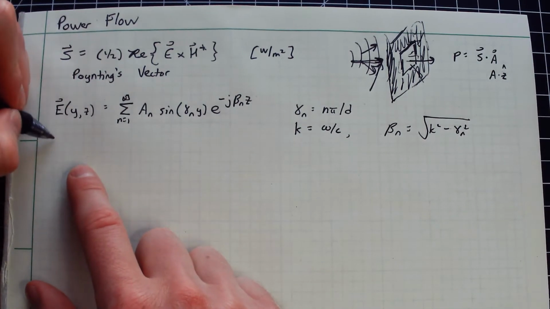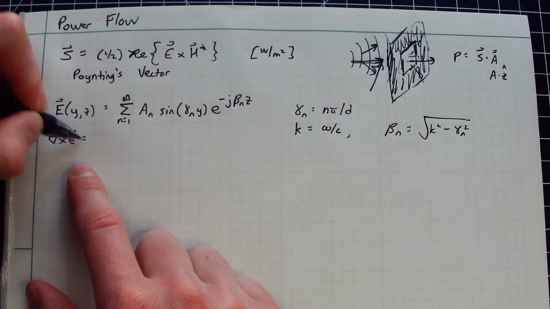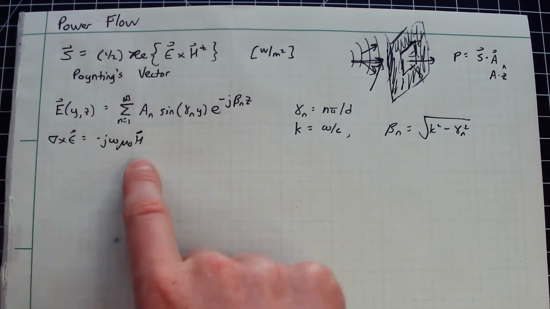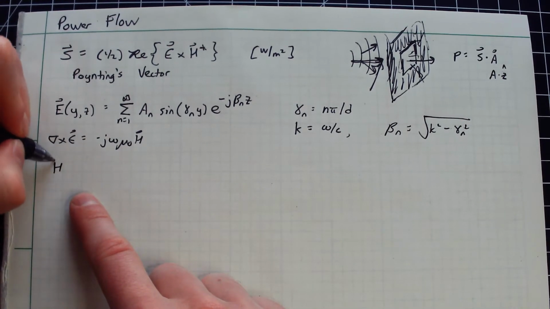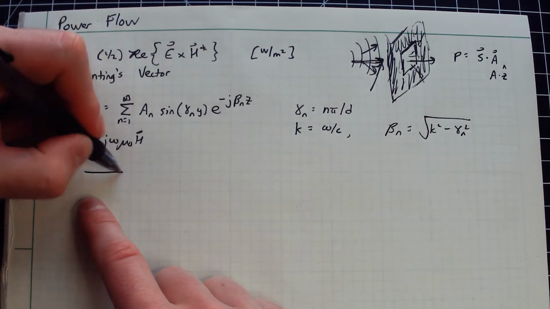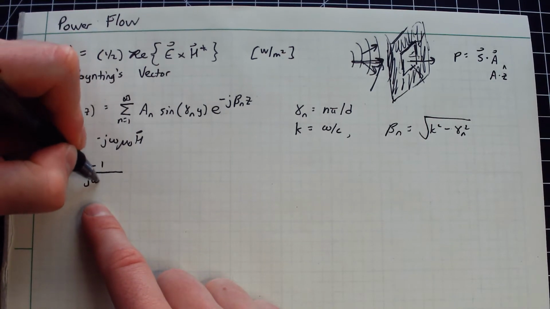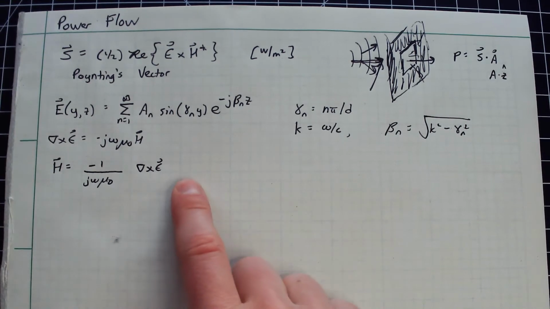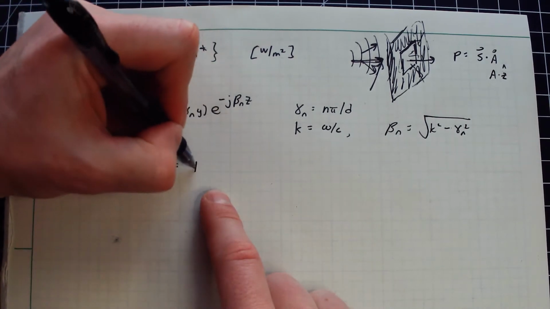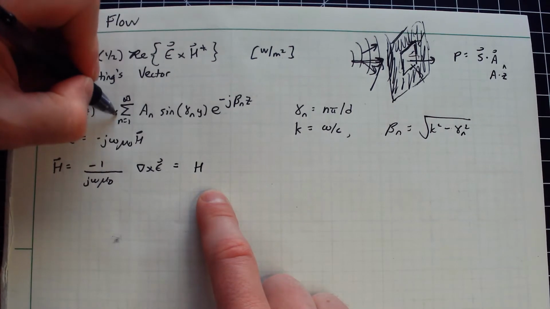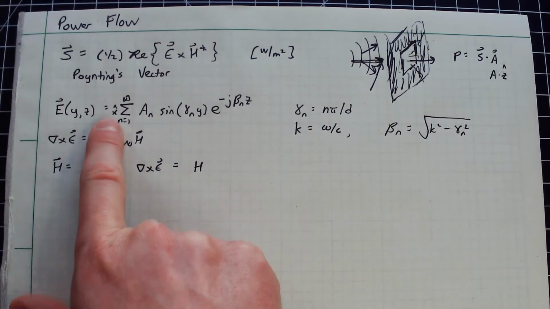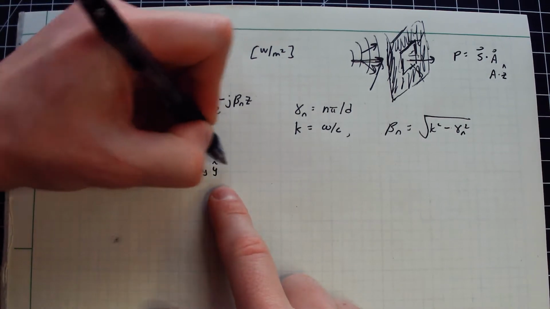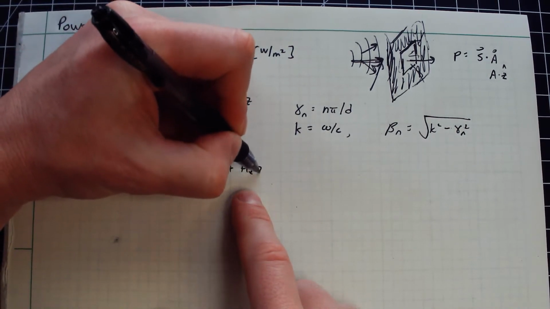We then found that the curl of E was proportional to j omega mu naught times this H field, which meant I could solve for H as simply negative 1 over j omega mu naught times the curl of E. What that evaluated to was a vector with y and z components, so I could say Hy y hat plus Hz z hat.